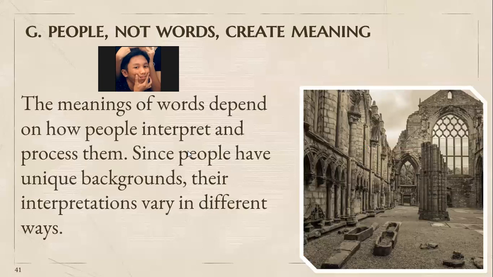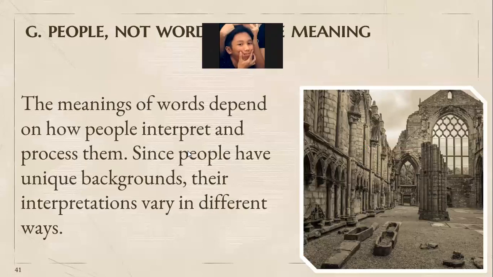People, not words, create meaning. As I discussed earlier, in the very first component of language, there's no direct connection between the object and the symbols representing it. It's because it's the people who give meanings to the words. The meanings of the words depend on how people interpret and process them. Since people have unique backgrounds, their interpretations vary in different ways.